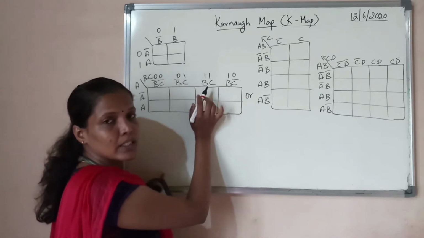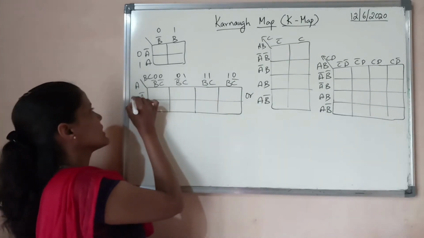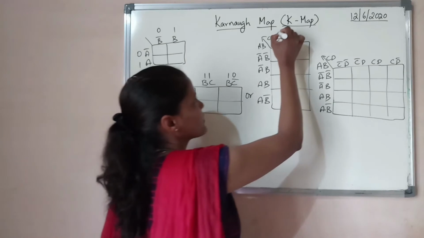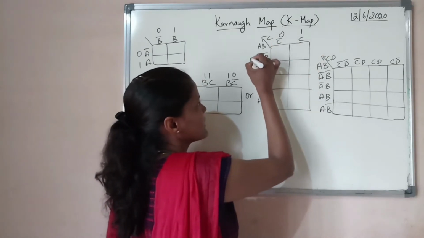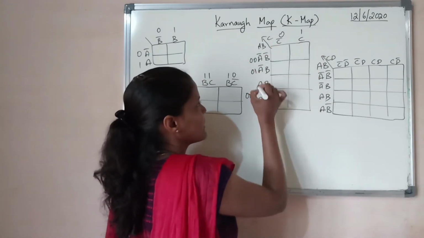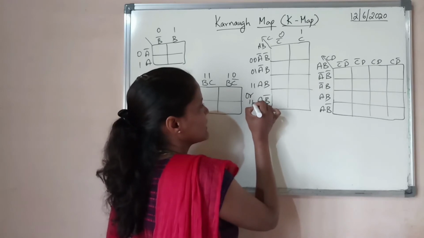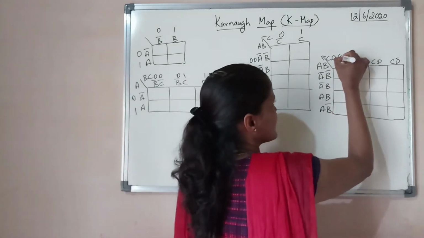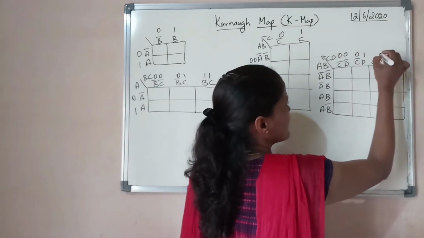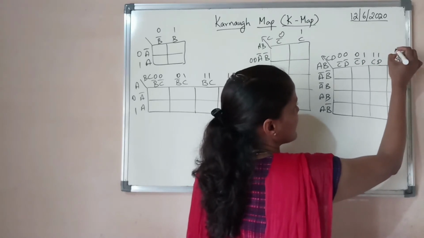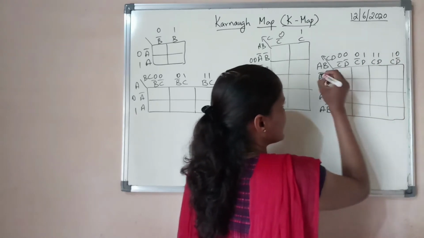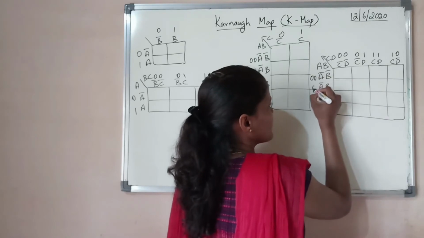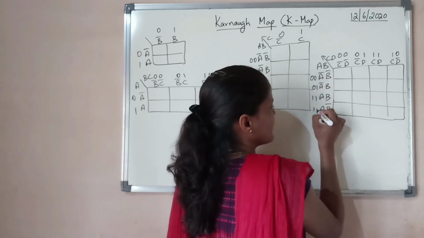Because both the variables are in uncomplemented form. 0, 1. If I am going to write here 0, 1, 0, 0, 0, 1, 1, 1, 1, 0. And here 0, 0, 0, 1, 1, 1, 1, 0. And here 0, 0, 0, 1, 1, 1, 1, 0.